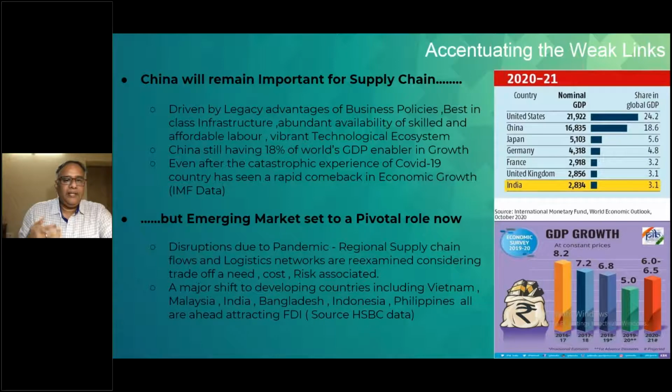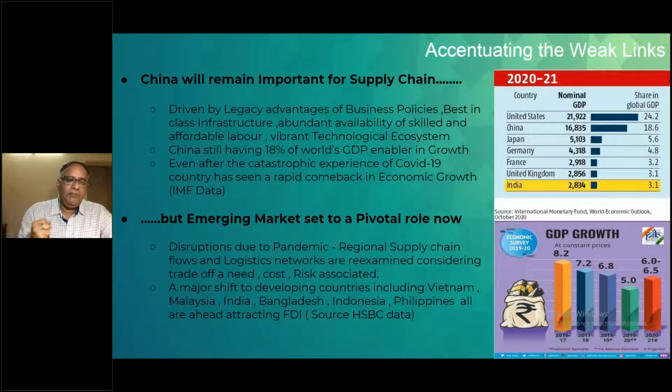Countries like Malaysia, Vietnam, India, Bangladesh, the Philippines. If you see the data, India is growing at 6 to 6.5% of GDP growth.